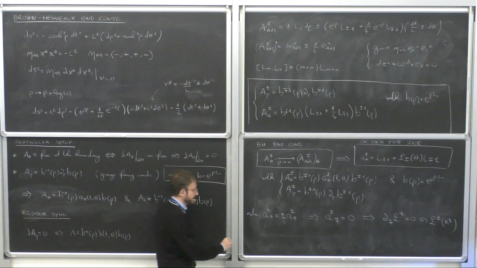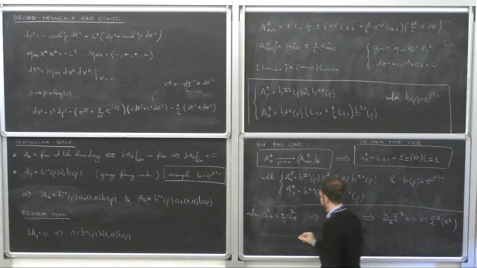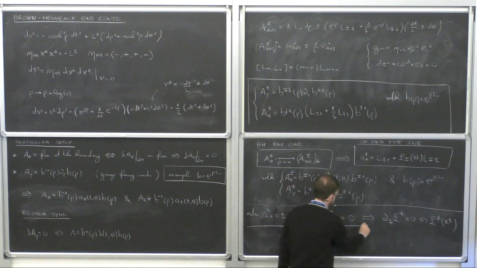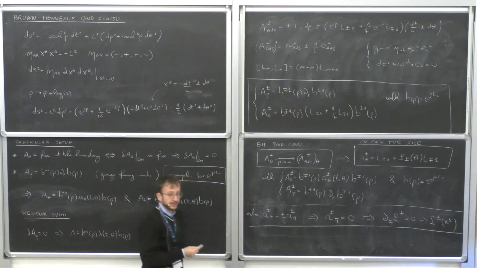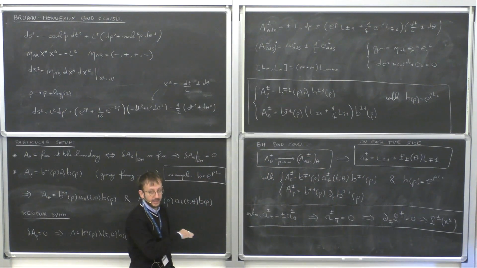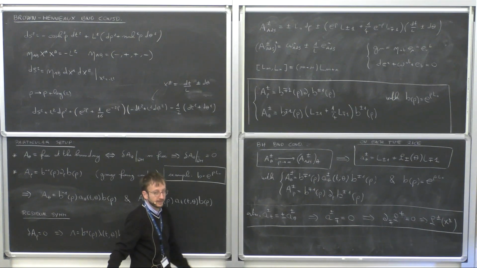But that is not necessarily what you see here in this box. It's just an additional condition that I can add. It is very convenient in most cases, but in some cases, it doesn't work. So in gravity, I can do it. If I do it, for instance, in these higher spin gauge theories, if I impose this condition, I kill all the black hole solutions. They do not belong to the space of solutions.